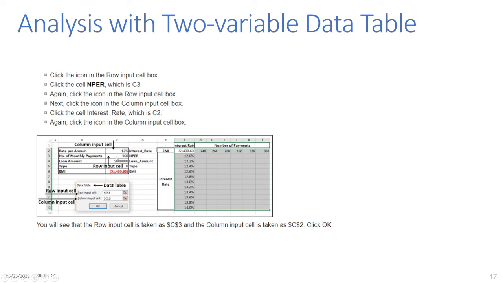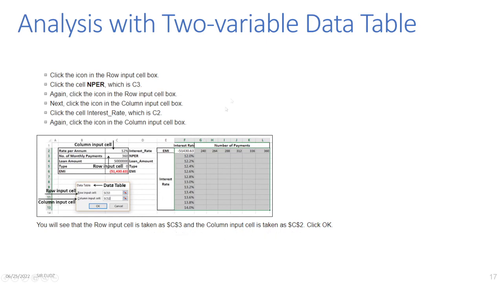So row, number of payments, and that is the row. And then for column, obviously because this is the interest rate, we select cell C2. You will see that the row input cell is taken as C3 and the column input cell is C2.